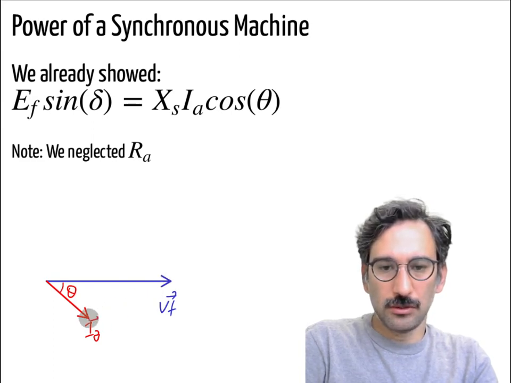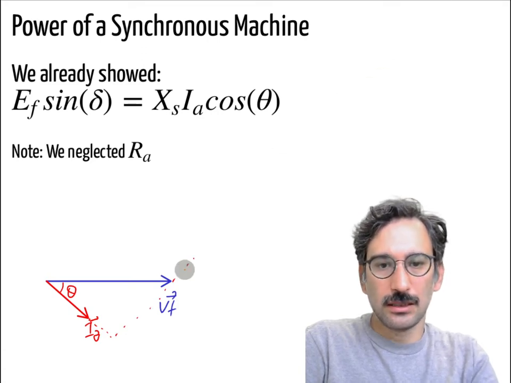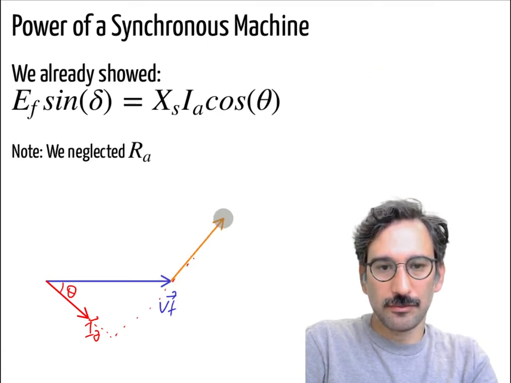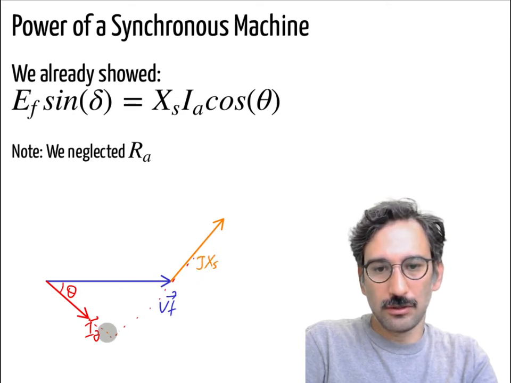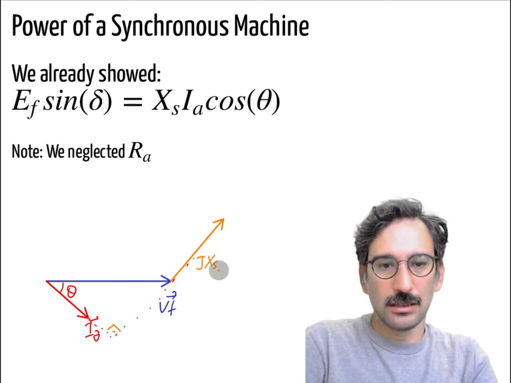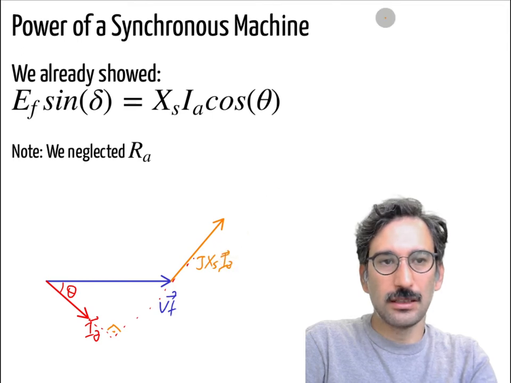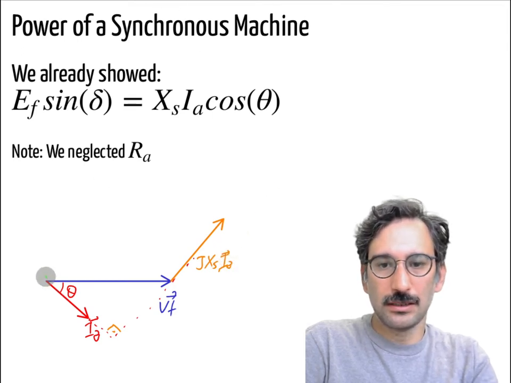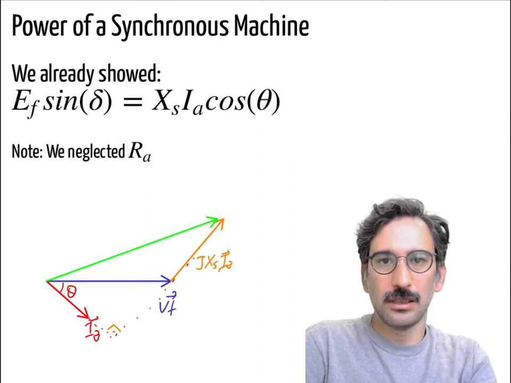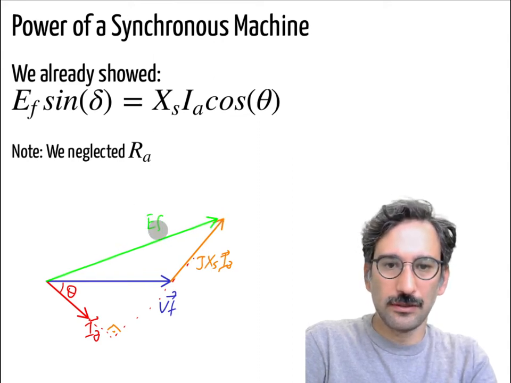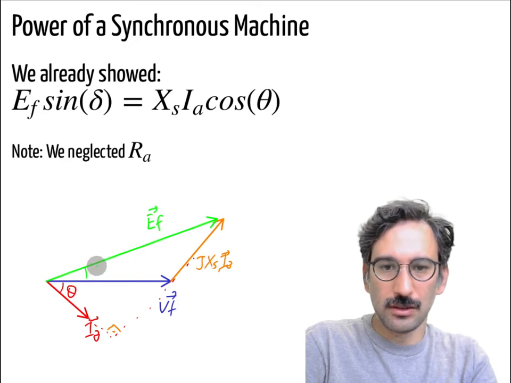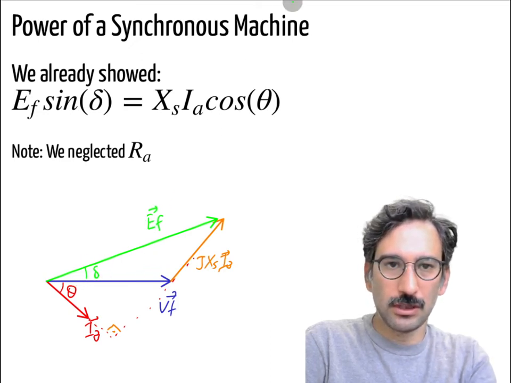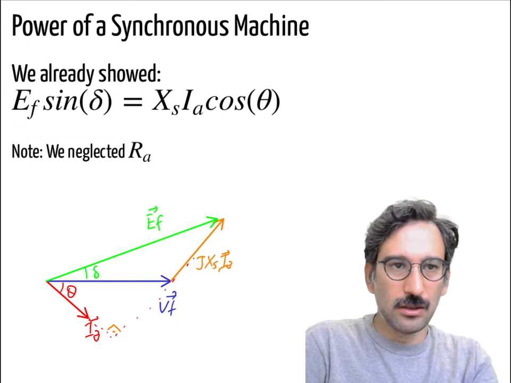What I do is add jXS times the IA vector, which is rotated 90 degrees, and our EF is the resultant of these two. So that was the EF vector, and this was our delta. We showed geometrically these two are equal to each other.